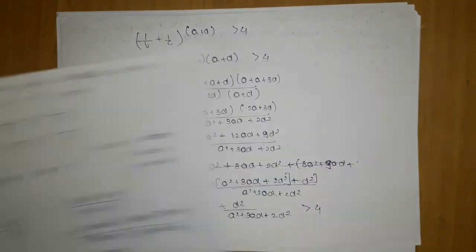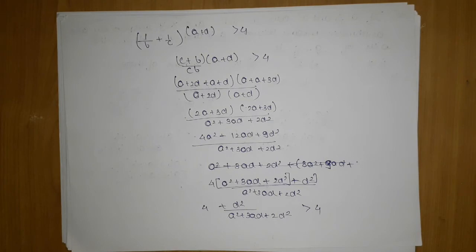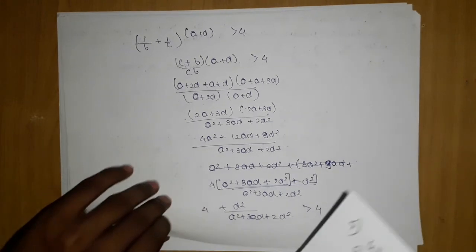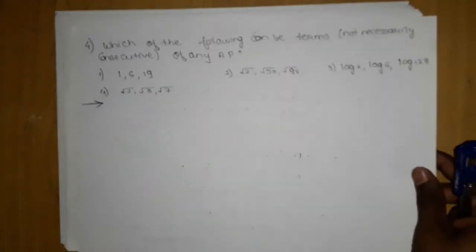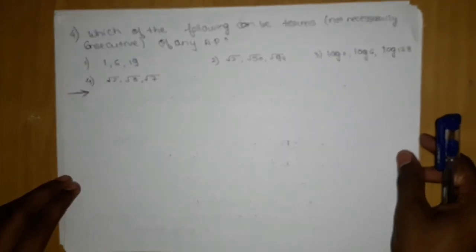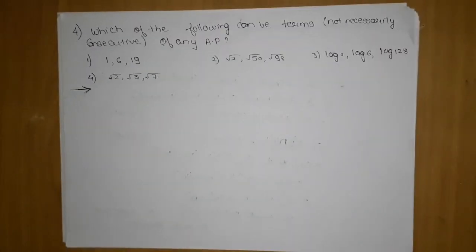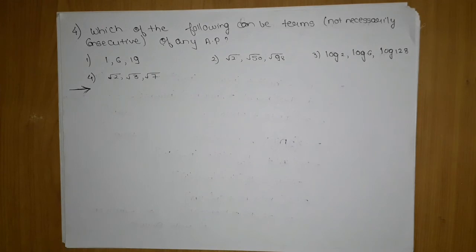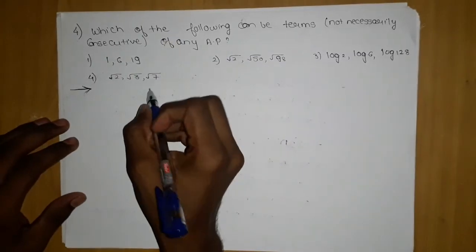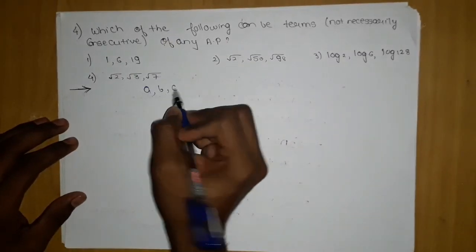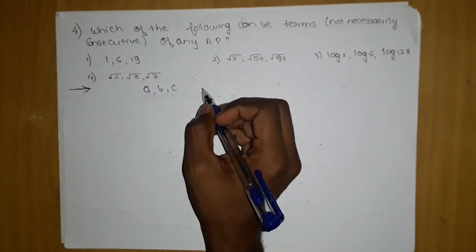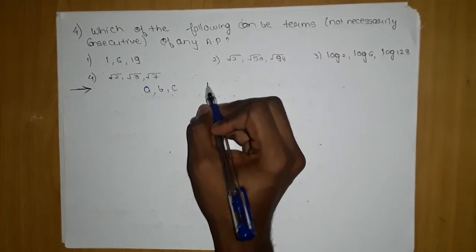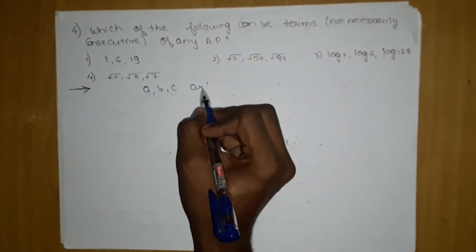Now let's move on to the fourth question. The fourth question is as follows: which of the following can be the terms, not necessarily consecutive, of any AP? Remember this question, because this question will help you for life to identify whether terms are in AP or not. So I assume that A, B, C are the terms, meaning values, that are in AP.